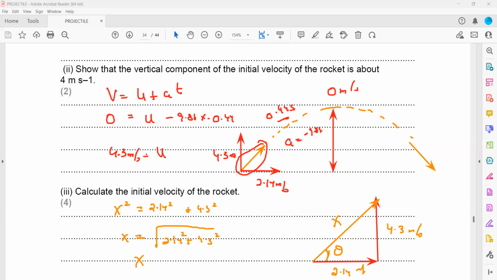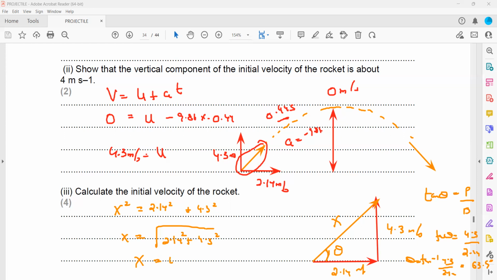So theta is equal to tan inverse, because we have the base and the perpendicular, so tangent theta is perpendicular divided by base. The perpendicular is 4.3, the base is 2.14, equals tangent theta. So theta equals tan inverse of 4.3 divided by 2.14. When we simplify, this gives us the angle, which is 63.9 degrees.